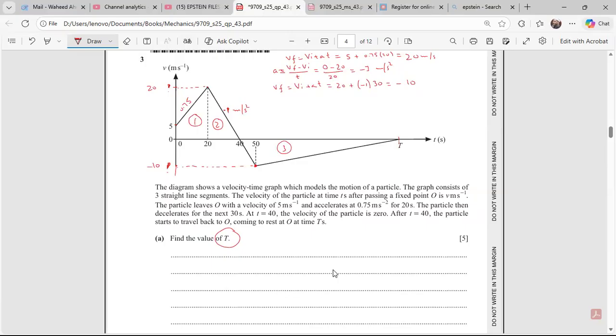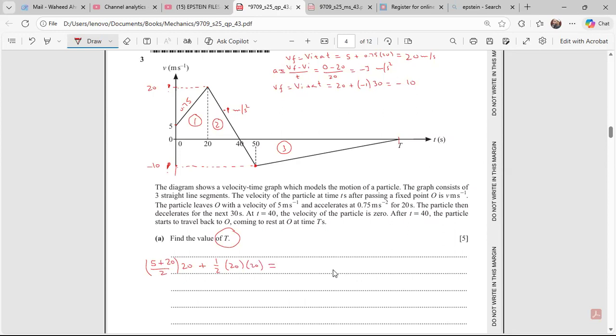The first positive area, area number 1, is a trapezoid, so this area would be (5 plus 20) over 2 multiplied by 20. The second area is a triangle, so it is 1 by 2, and the base is 20 and the height is 20 as well.